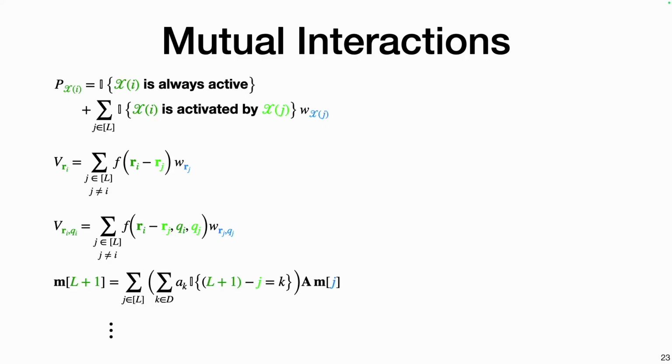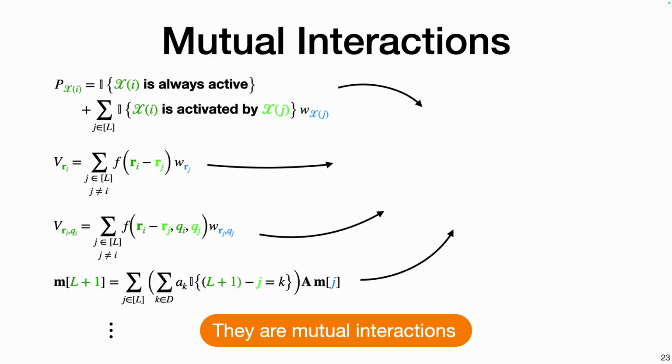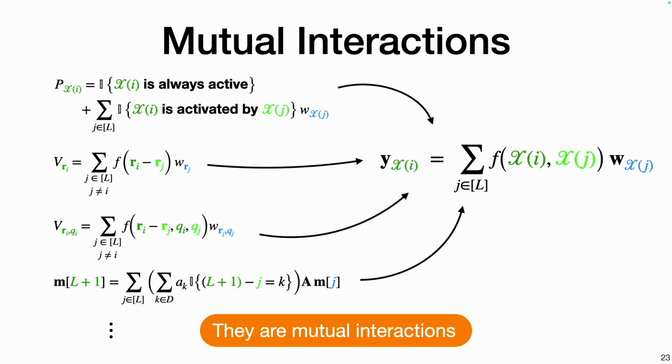All of these examples may look different because their domains are different. However, in essence, they are very similar because all of them are mutual interactions. That means for all of these examples, you can find a specific f function and w vectors such that they are written in terms of this aggregate mutual interaction function you see here.